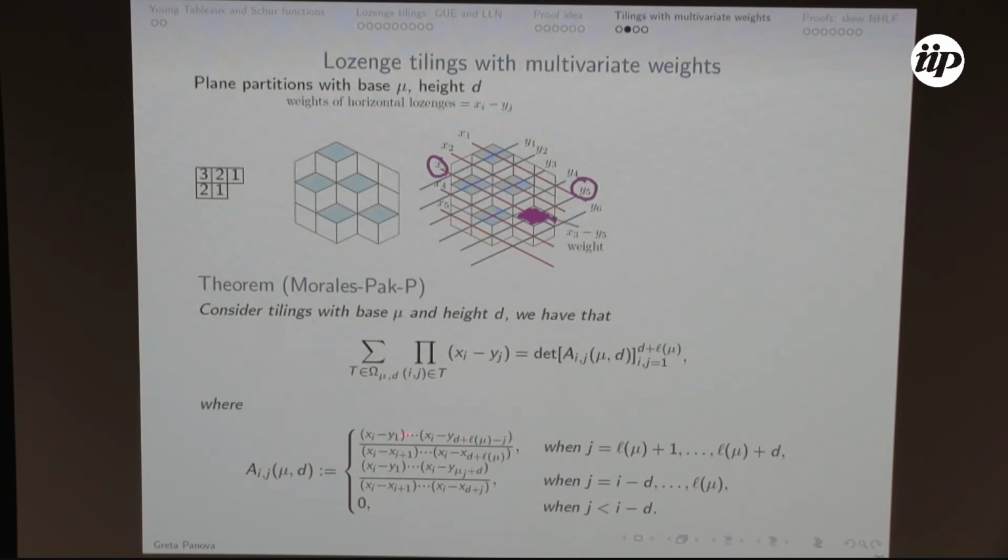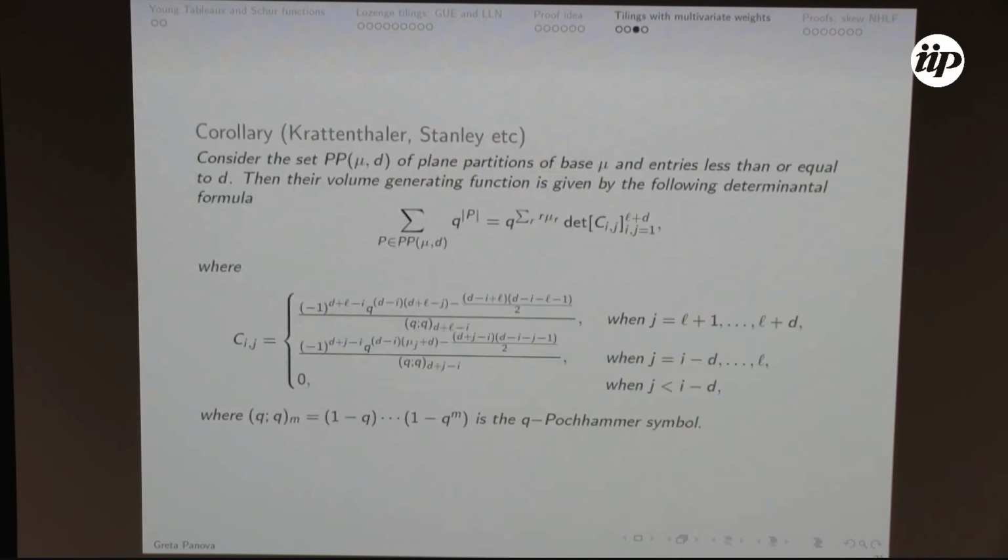And so this is the determinant that one gets for this picture. There are zeros under this diagonal, and the other entries are these products of the variables. And of course, one studies this when you plug in the variables in certain ways.